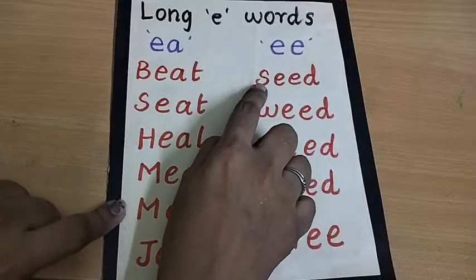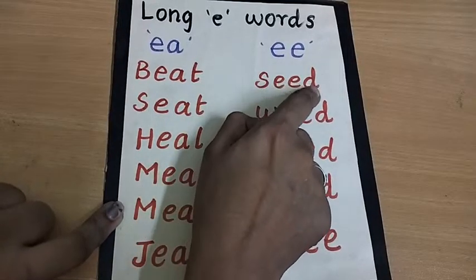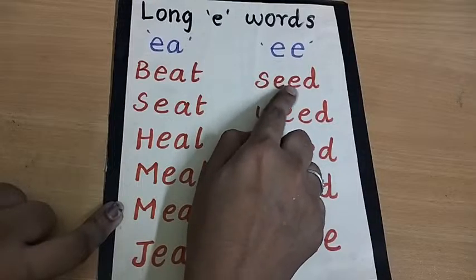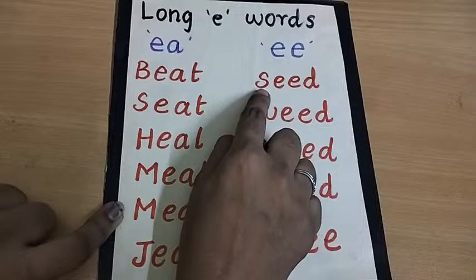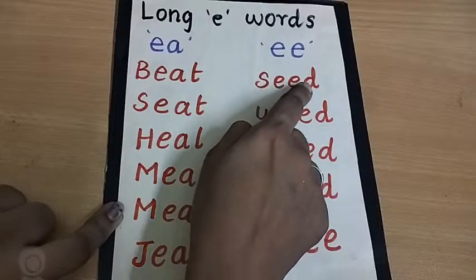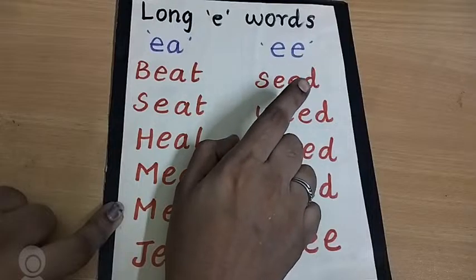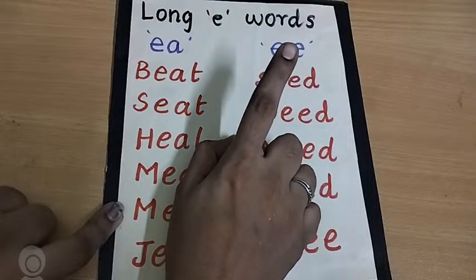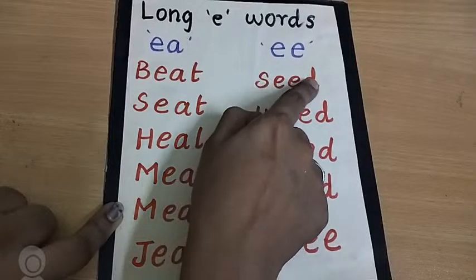I'll go with the first example. S, E, E, D. You have two E's continuously. The sound of S is S. E, D. Seed. You should say it long. That is S, E, D. Seed.